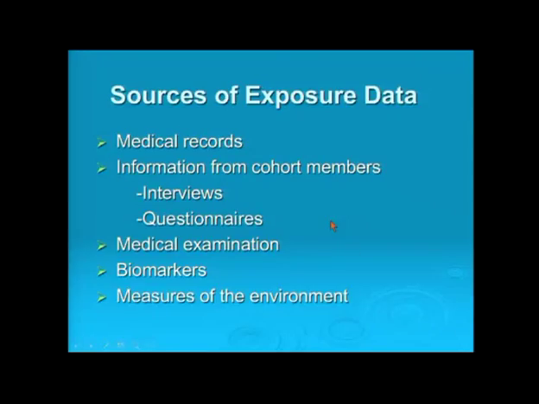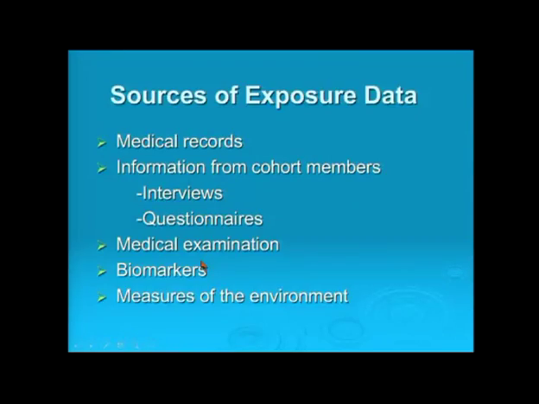you could get information from the subjects themselves. You could interview them, do questionnaires. You might identify them based on a medical examination. So in Framingham, when they wanted to identify people with high blood pressure, they took their blood pressure. We could run some biomarkers and measure some parameters that we're going to use as exposed and non-exposed.